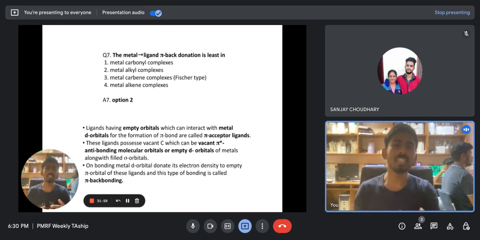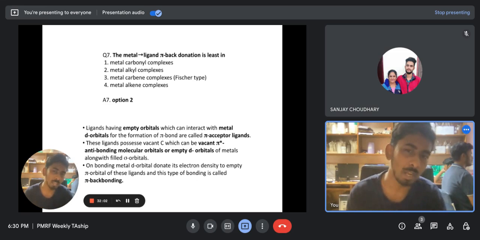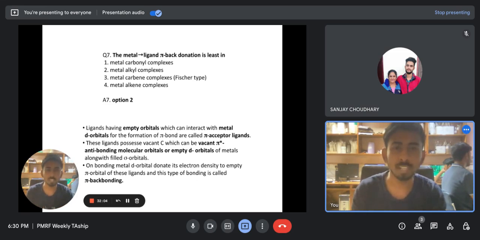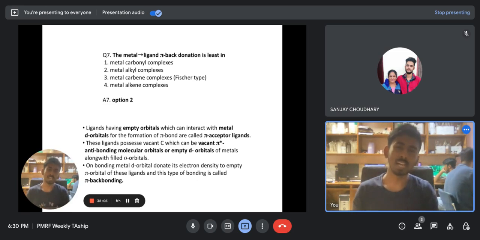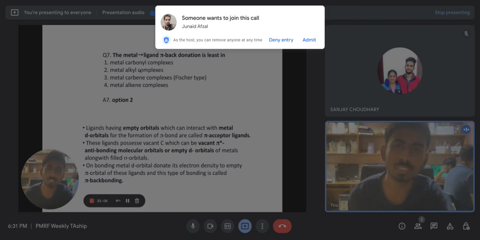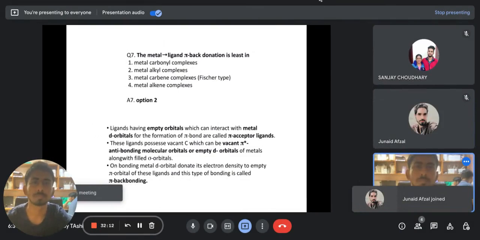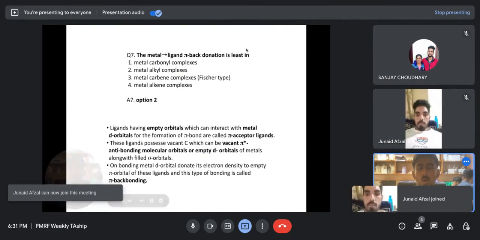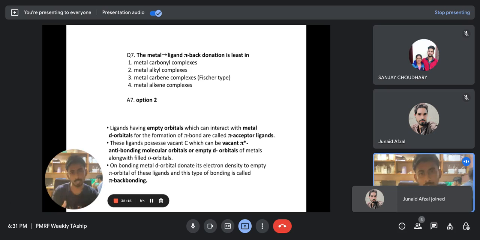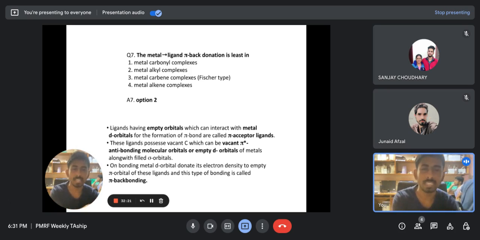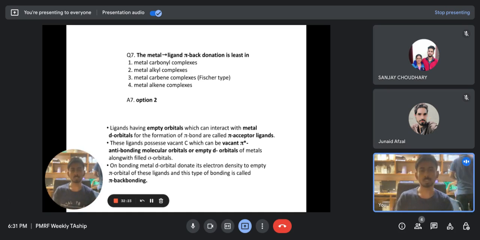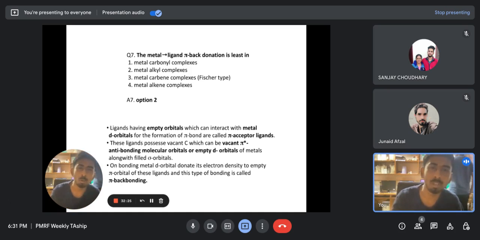That's why we need the development of alkyl groups which have some electronegative atoms attached to them, by virtue of which the electron density will shift from the metal center to the ligand center, because the ligands have high energy sigma star antibonding orbitals.